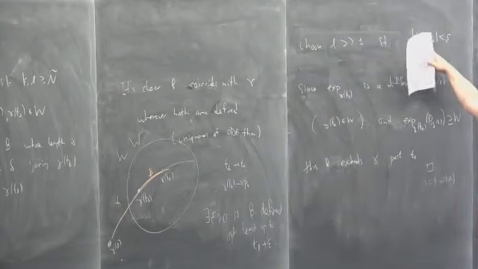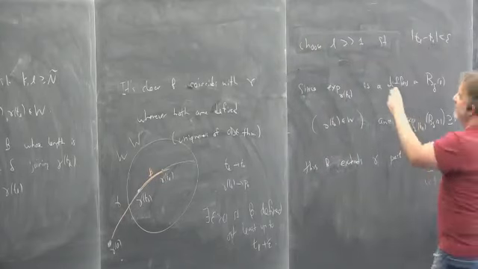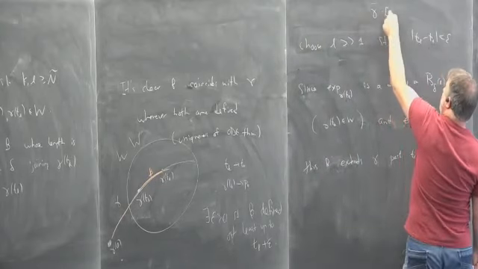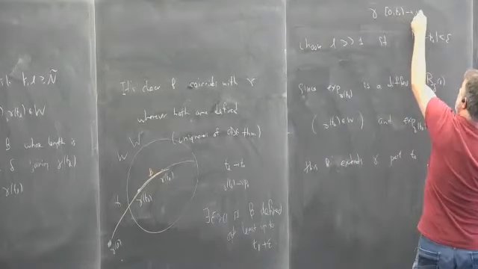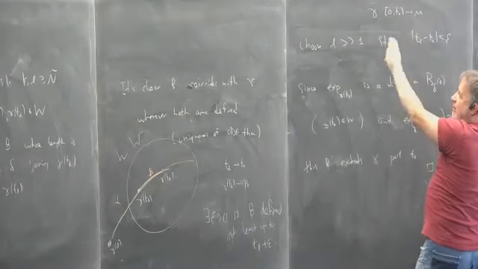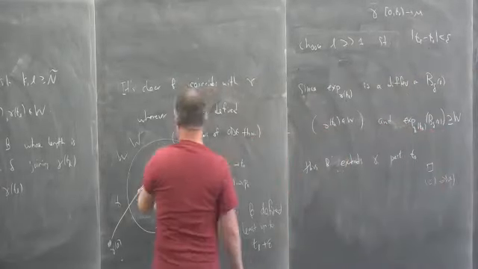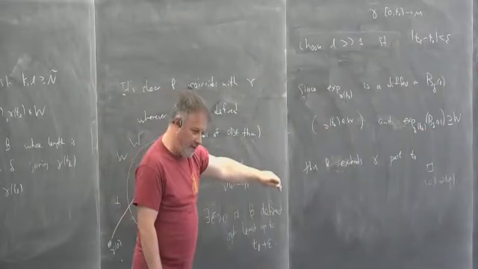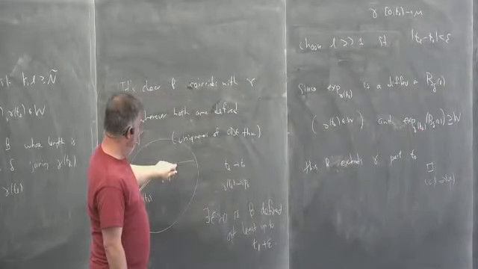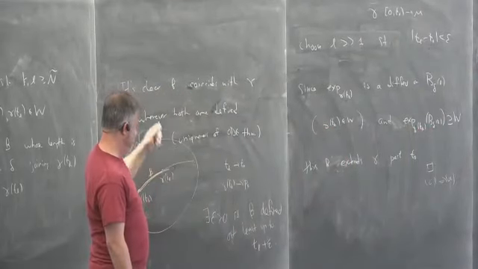T naught was the limit of the T's. Yeah. So the hypothesis was that gamma is defined on 0 to T naught, but not at T naught. But I'm saying it is, because I can make these TLs as close to T naught as I want.